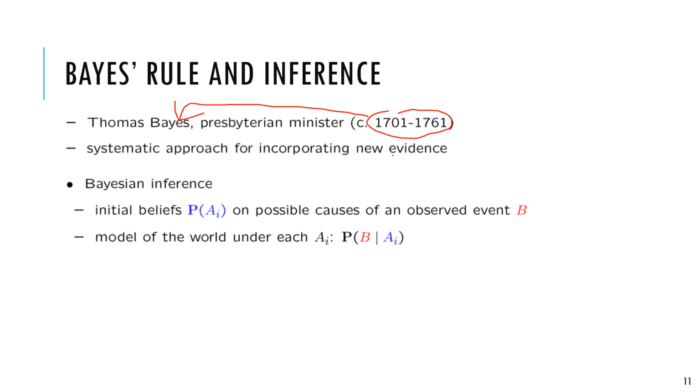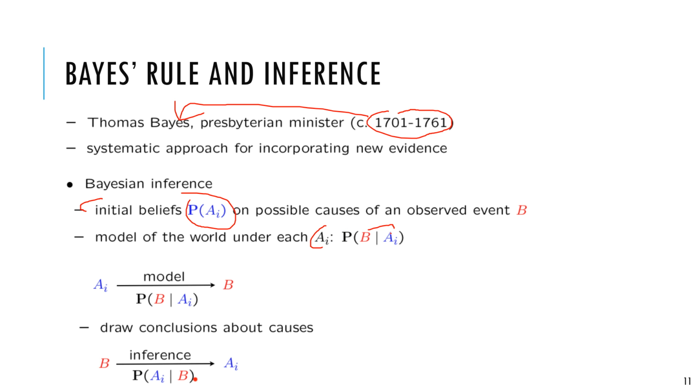The Bayes inference begins with initial beliefs, property of A_i, on possible cases of an observed event B. It models the world under A_i, or property of B given A_i. So we have two models: A_i is the initial belief.